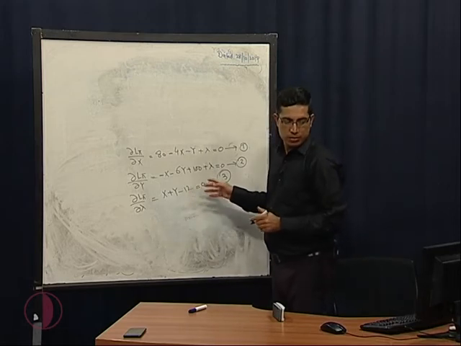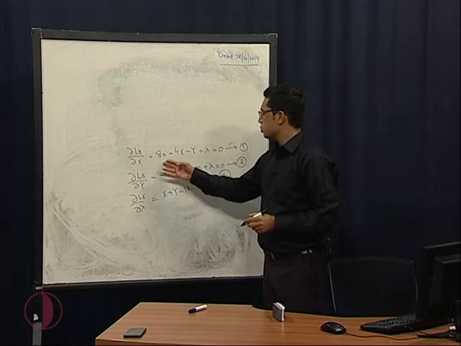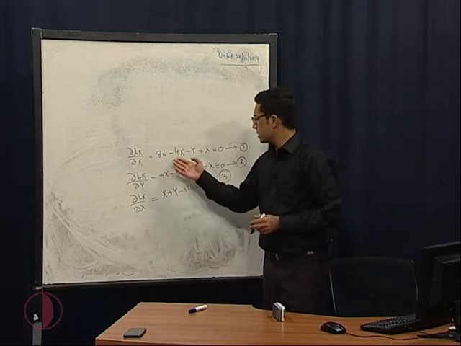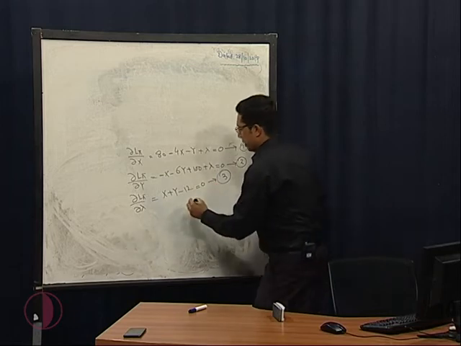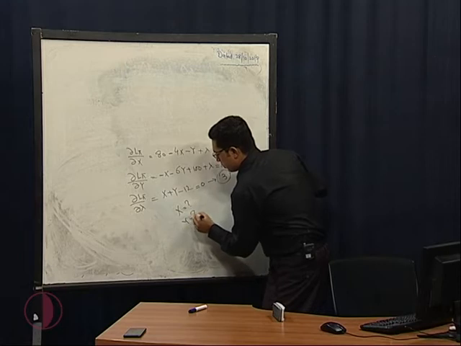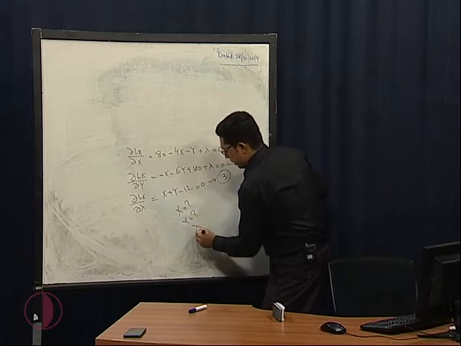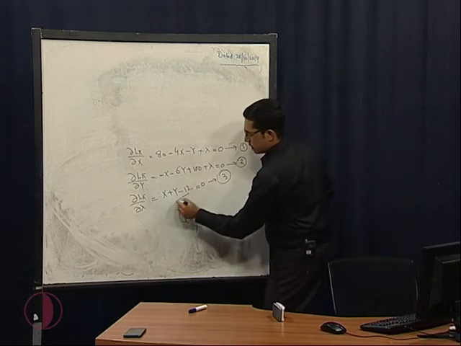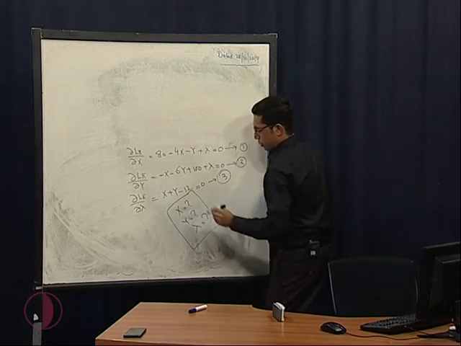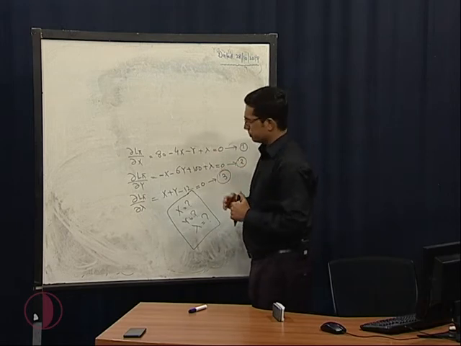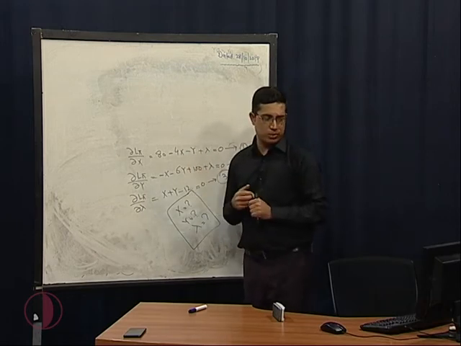Solving equations 1, 2 and 3 simultaneously, we can get the value of x, y and lambda. It means x is unknown, y is unknown and lambda is unknown. We need to find the value of these 3 unknowns from these 3 equations.